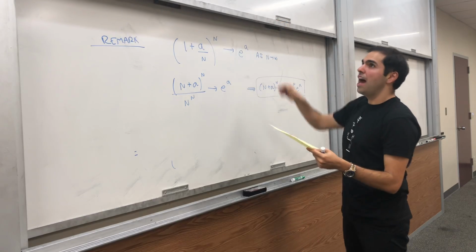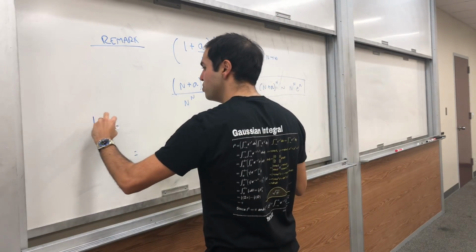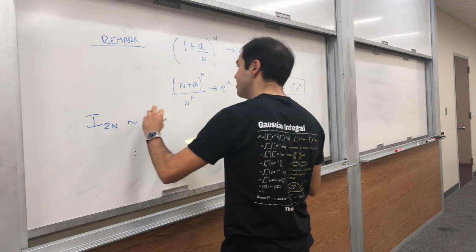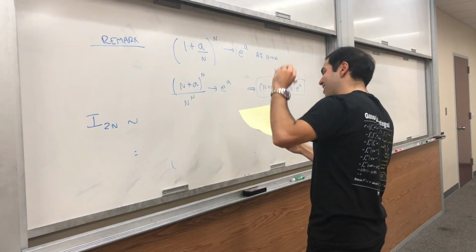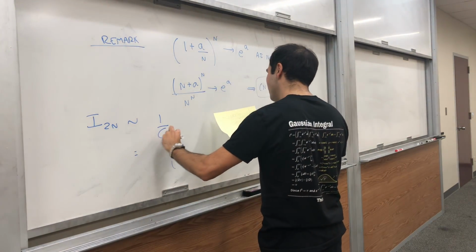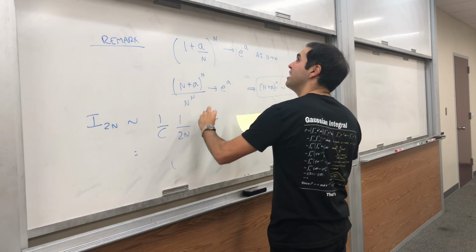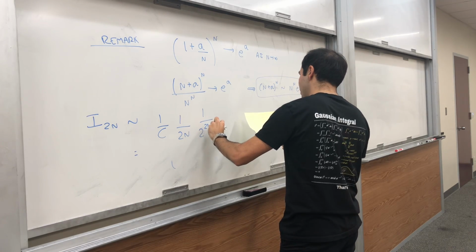So what happens then is I of 2n is then equivalent to, again, all our terms, 1 over c, 1 over 2n, 1 over 2 to the 2n minus 2.